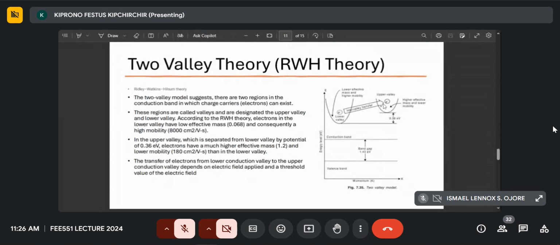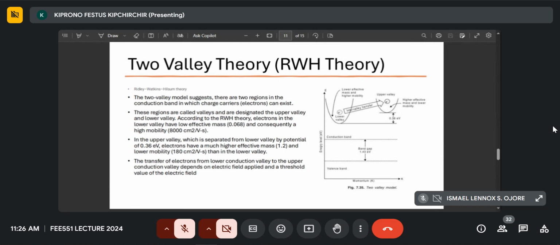After, let's say, 1.8 seconds, another batch of electrons have gained as much energy and are moving towards the upper valley. After, let's say, 2 seconds, some bunch of electrons will have overcome the threshold and would be moving towards the upper valley. That movement is what we call the domain.